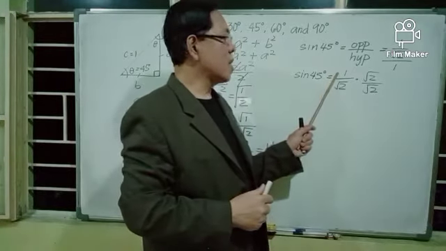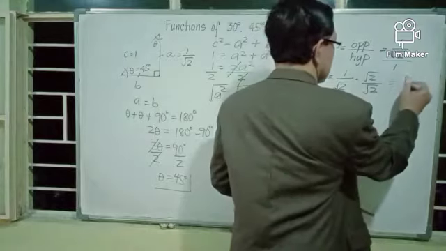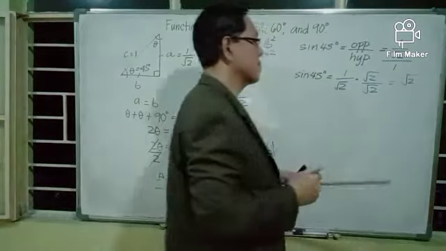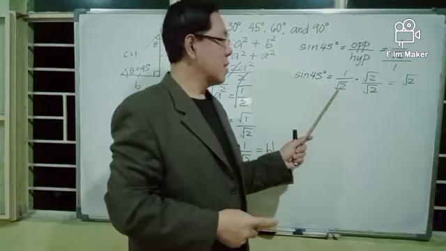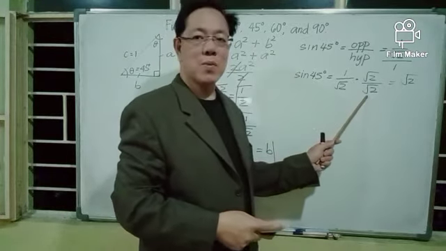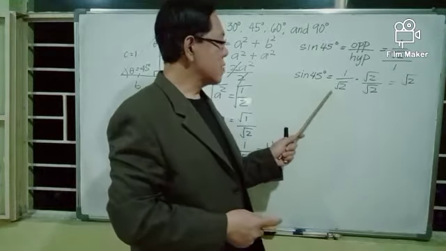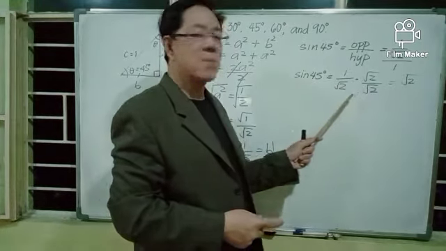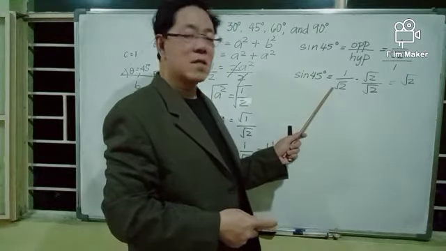In the numerator, we have 1 times the square root of 2, which is the square root of 2. In the denominator, we have the square root of 2 times the square root of 2. By property of radicals, this can be written as a single radical whose index is the common index.